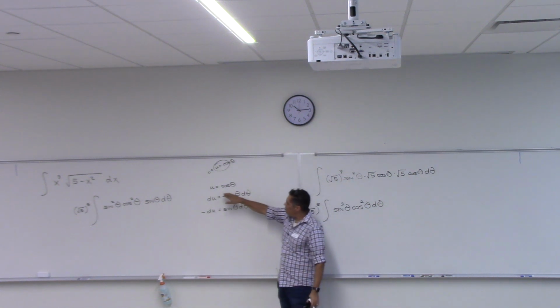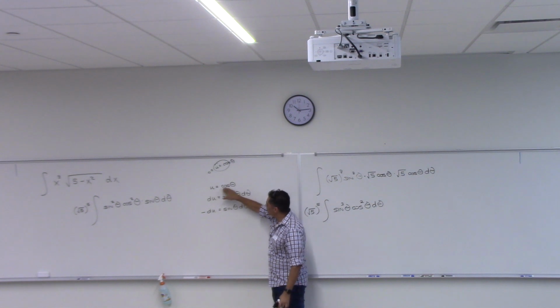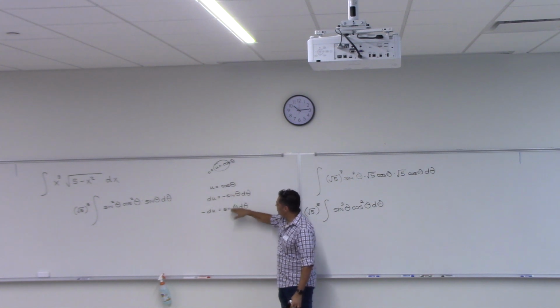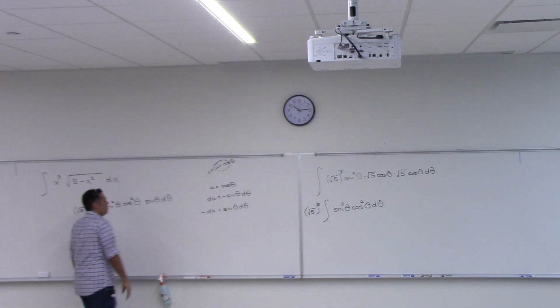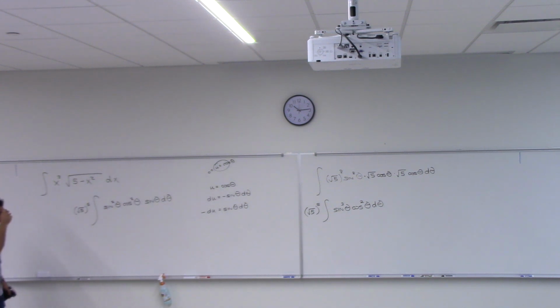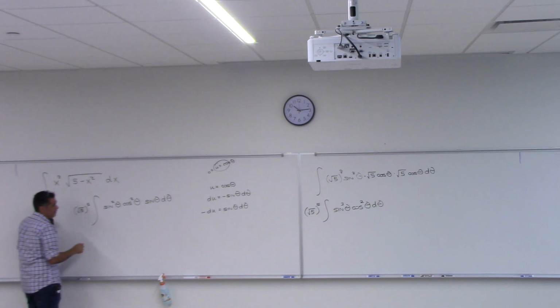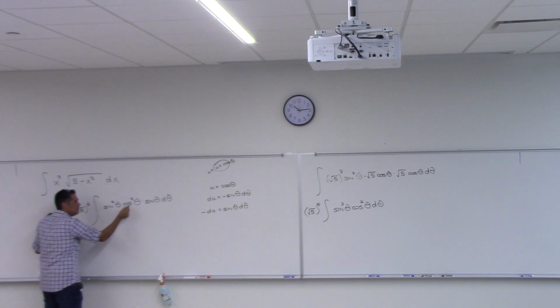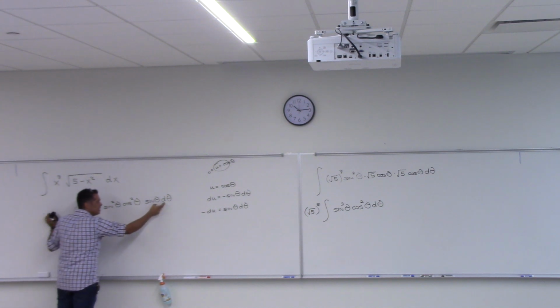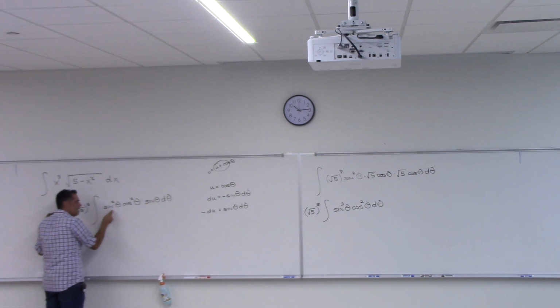I'm going to replace all my cosine thetas with u, and I'll replace sine theta d theta with du. There's one thing I need to get fixed here. What is that? This sine squared. That's got to turn into 1 minus cosine squared. Because that's going to be u squared. That's going to be negative du. But that I haven't addressed.